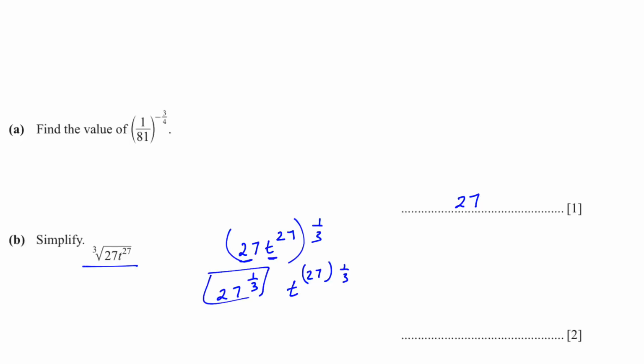This you can put in the calculator and you will get 3, and 27 multiplied by 1 over 3 will give you 9. Whenever you have a to the power of b multiplied by something that is out, we multiply the powers.